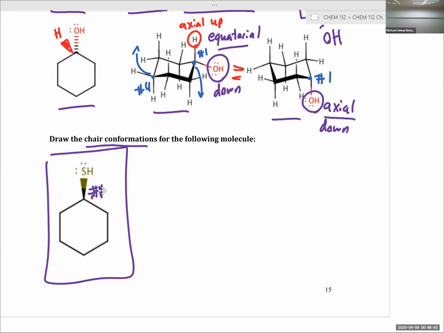Would someone else like to propose another chair conformation? I just want us to have a few to discuss. Not remote control, just the annotate function. Yep, you're more than welcome to. The annotate function is open to all students. It's a little pen button called annotate.